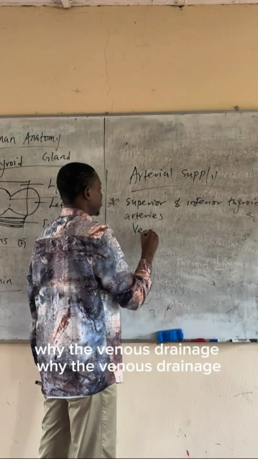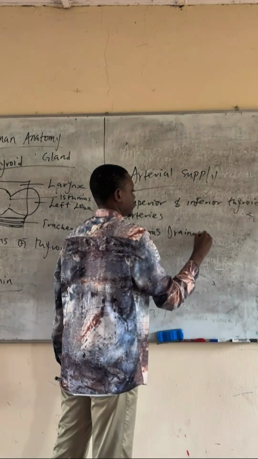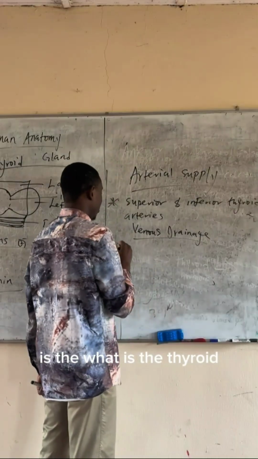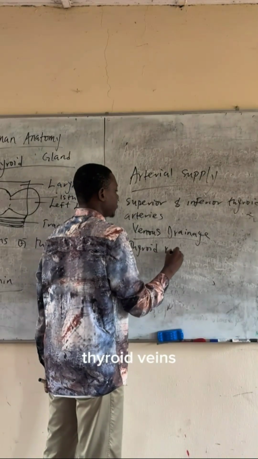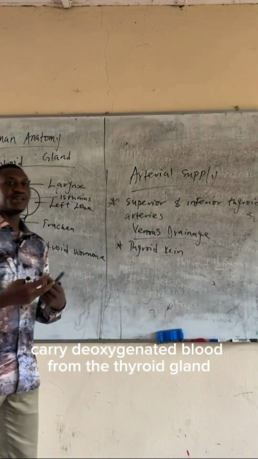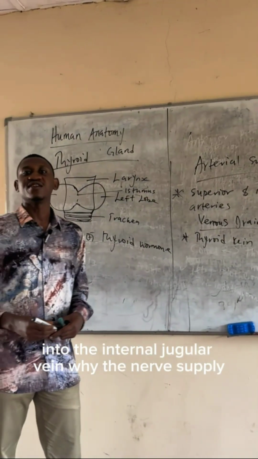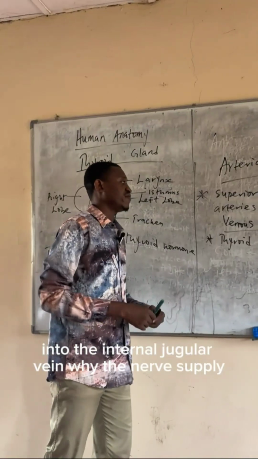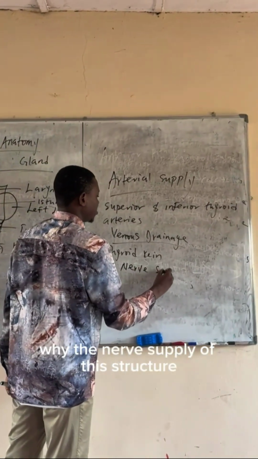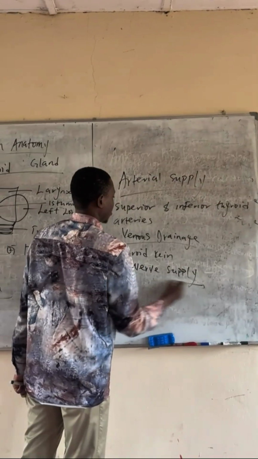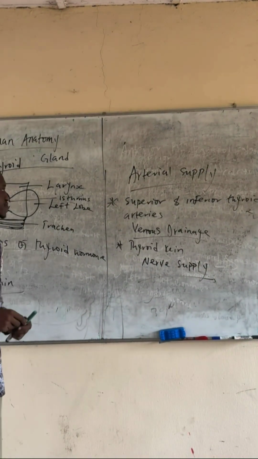While the venous drainage is the thyroid veins, draining into the internal jugular vein. The nerve supply of this structure is sympathetic and parasympathetic neurons.